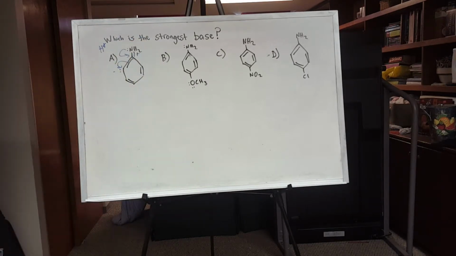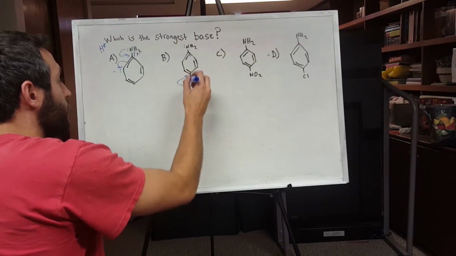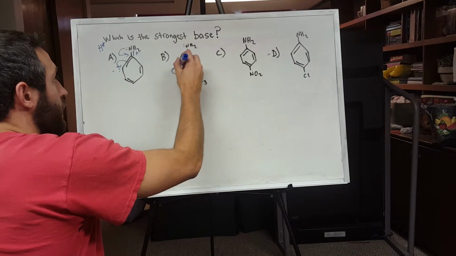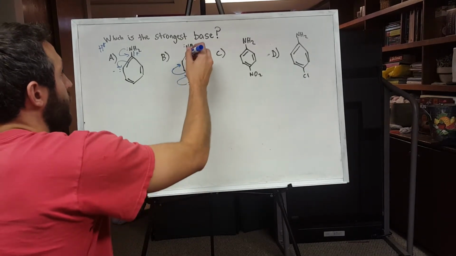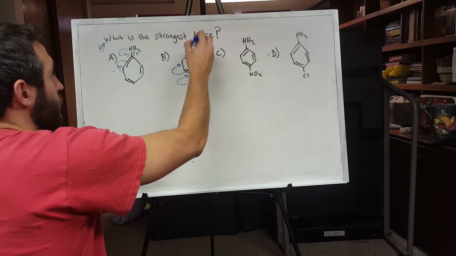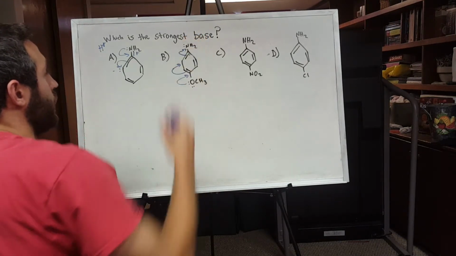Let's see this O though. What would we do? We'd go here. We could go then here, and then we could go... Well, I don't want to break the octet rule. 1, 2, 3, 4. Right, so we're good there.